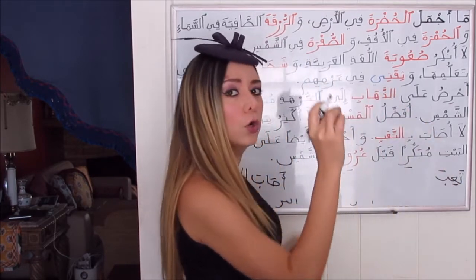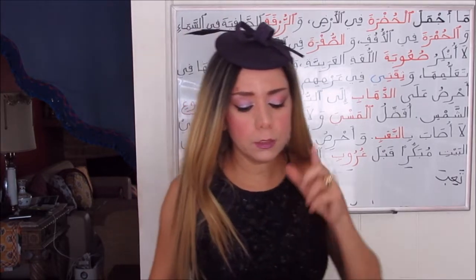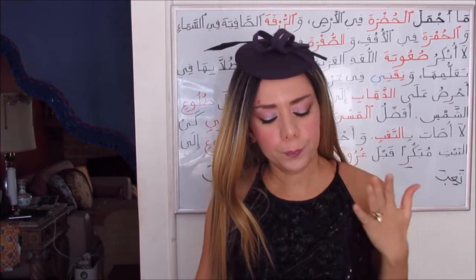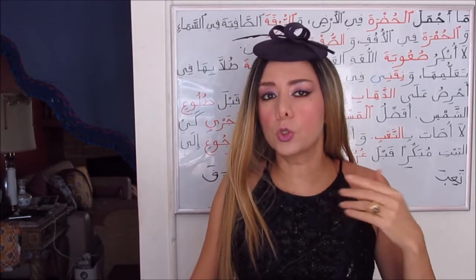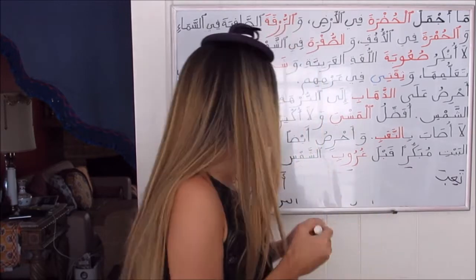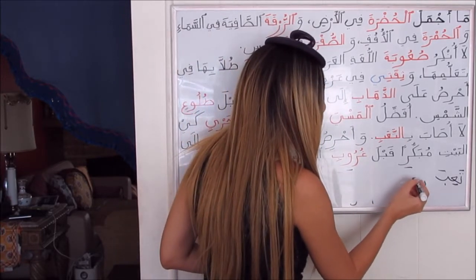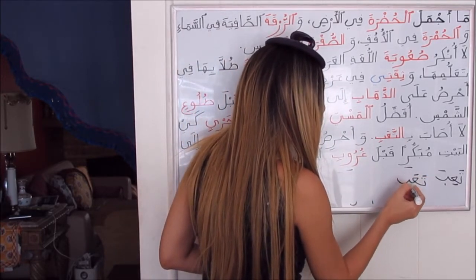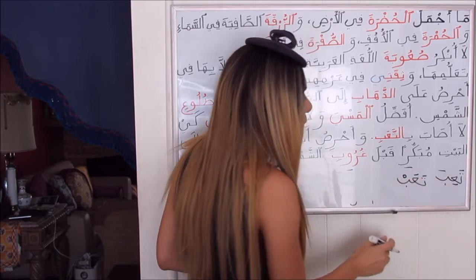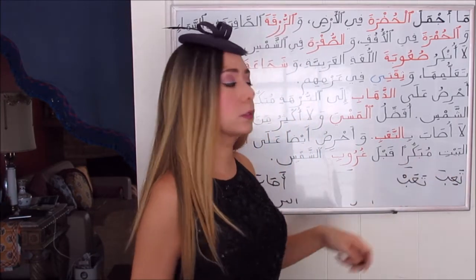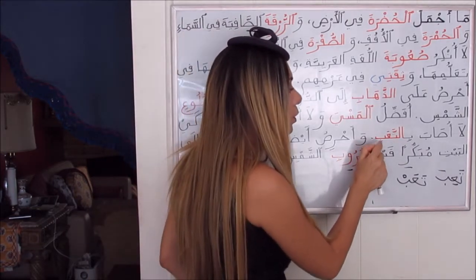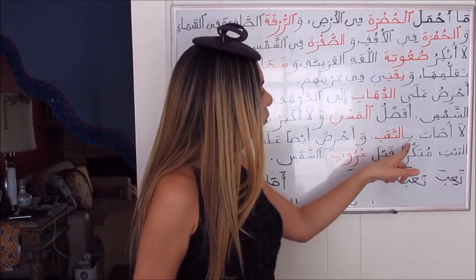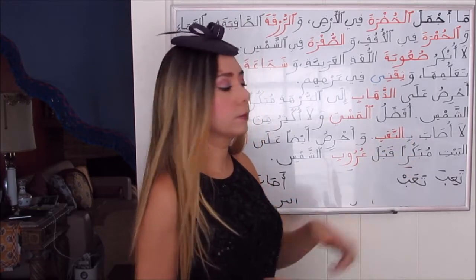Since we are focusing on the verbal nouns of trilateral verbs. تعب is to be tired. So تعب, the verbal noun of تعب, means exhaustion, weariness. Here there is a change of the short vowels. بالتعب, and it is in the genitive case because of the preposition be.